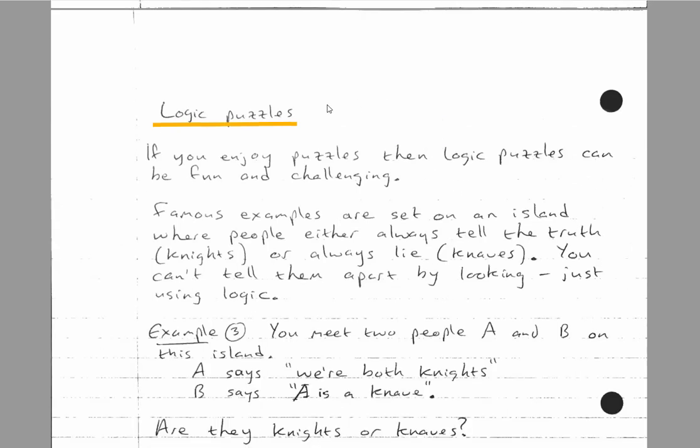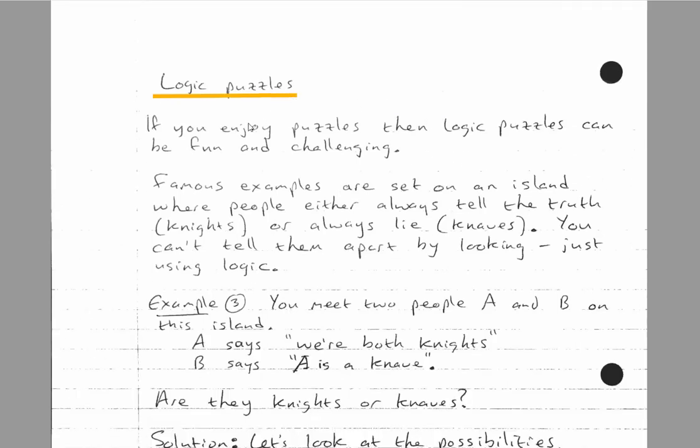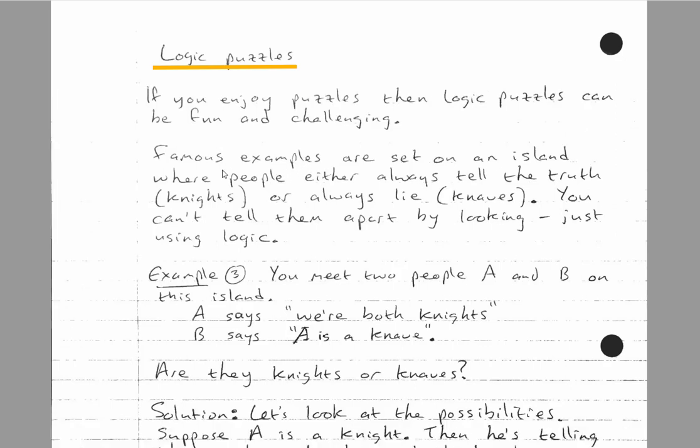And the last application we'll look at are logic puzzles. Yeah, I enjoy puzzles myself, but yeah, if you enjoy puzzles, these logic puzzles can be challenging, hopefully also fun. Famous examples of logic puzzles are set on an island where there are 2 types of people.